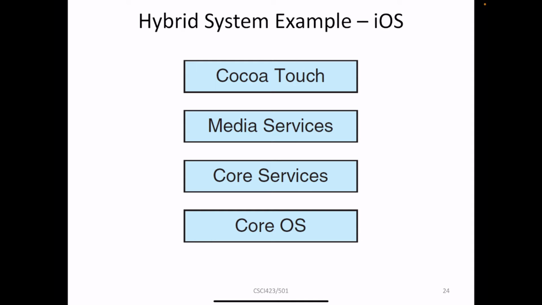Since a lot of sensors are built inside mobile devices, such as cameras, GPS sensor, gyroscope sensor, and accelerometer sensor, those sensors are abstracted as services so that they can be accessed by the operating system and also by users. Therefore, we have a core service layer there to provide services to users.